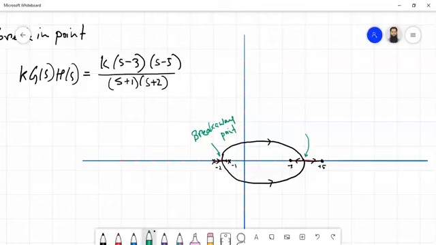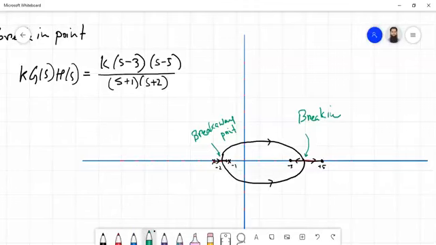Not necessarily is it always one breakaway and one break-in; it may happen that after breaking away, it merges to some complex pole or zero. I will show one example of that as well. So this is the definition of the breakaway and the break-in point.